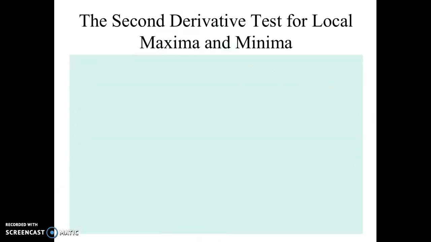So the second derivative test for local extrema says this: we can find local minimums and maximums of a function by using the second derivative. And this is how we do it.